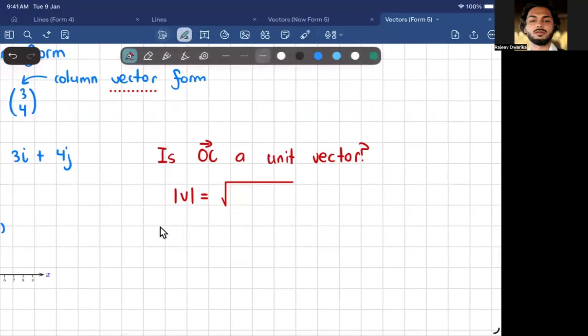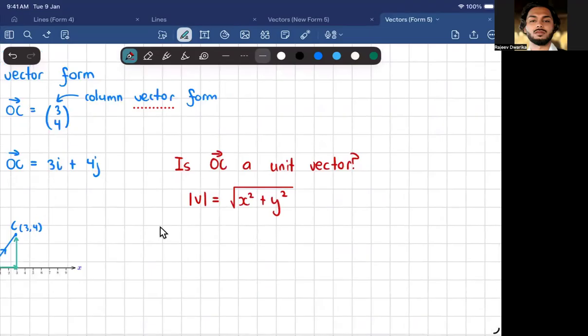So, Ria, remind me, if I want to find the magnitude of a vector, how do I do that? X squared plus y squared. Right. If we want to find the magnitude of vector OC to check if it's a unit vector, the magnitude of OC will be equal to the square root of what?